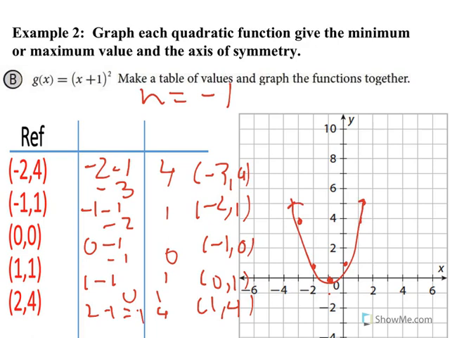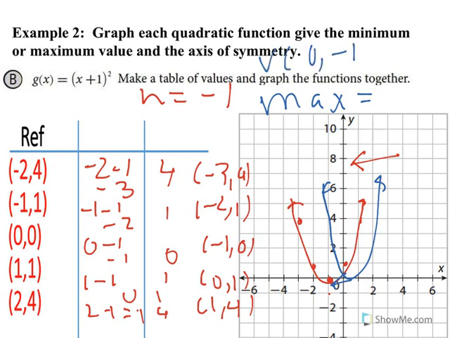Okay, notice that the graph shifts 1 unit to the left, right? So the blue is our parent graph. So the graph shifts 1 unit to the left. Okay, and see that the graph opens up, so we have the minimum. So the minimum is right at the vertex, so then the vertex is 0, negative 1.